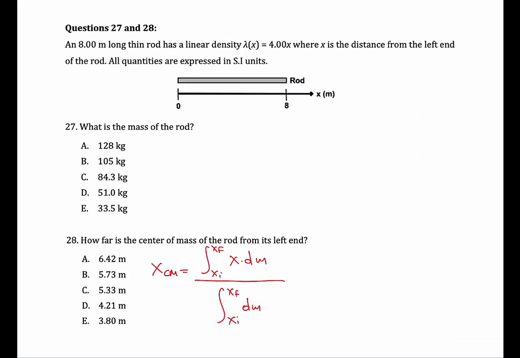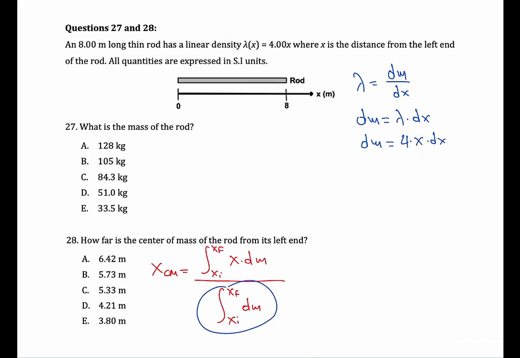And we know that the linear density lambda is equal to dm over dx, so dm is lambda times dx, and this means that wherever we see dm, we can place the value of the linear density times dx.